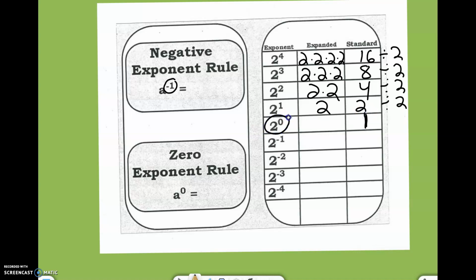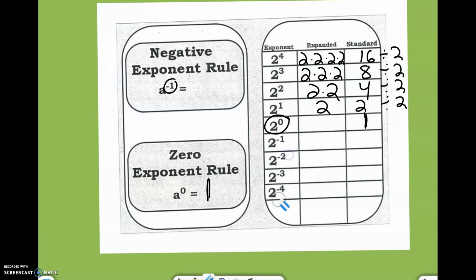So that is what we call the 0 power. Anything to the 0 power looks like it's going to be 1. Now let's continue the pattern and see what happens with negatives, okay?